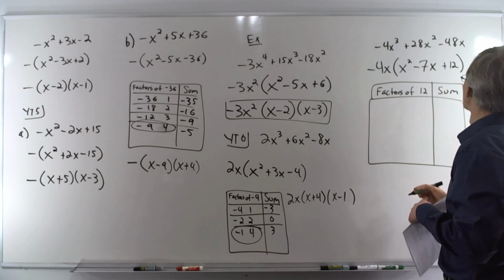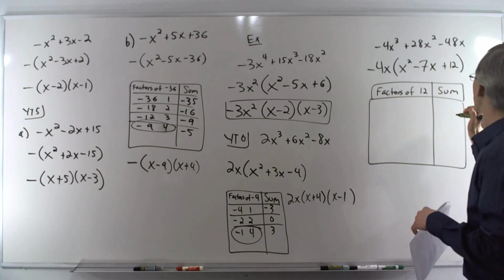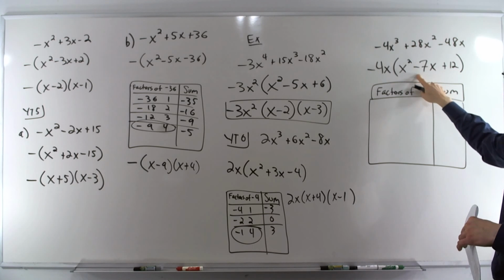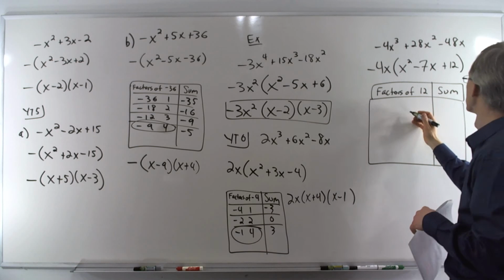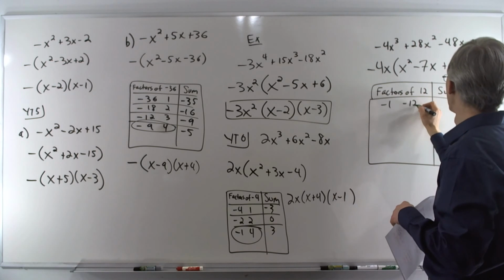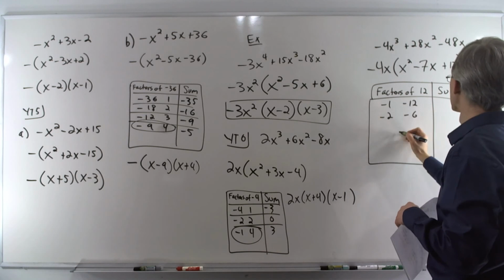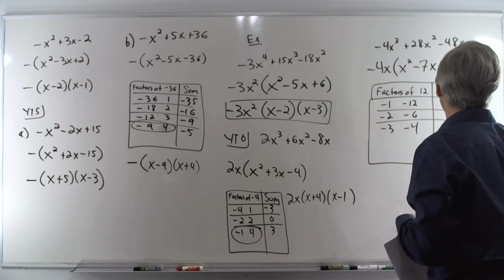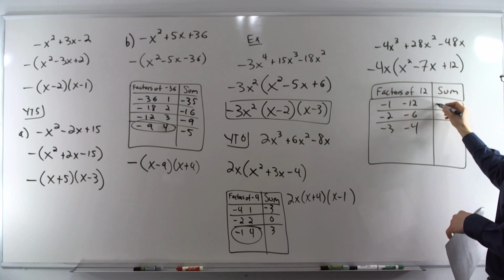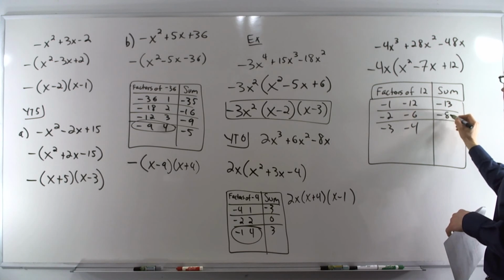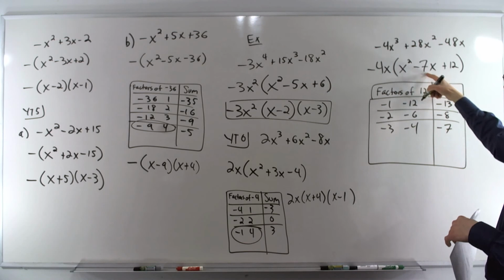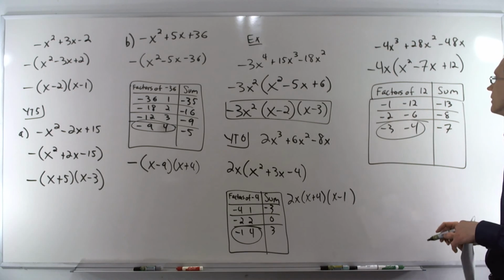All right, the factors of 12. Now we're going to need two numbers with the same sign, and the middle term is negative, so I'm just going to list all the negative ones. So we've got -1, -12, we've got -2, -6, -3, -4. The sums then will be -13, -8, and -7. -7 matches here, so here's our two numbers, -3 and -4.